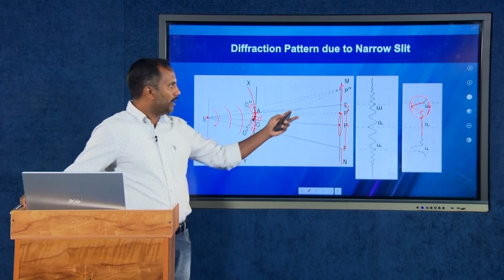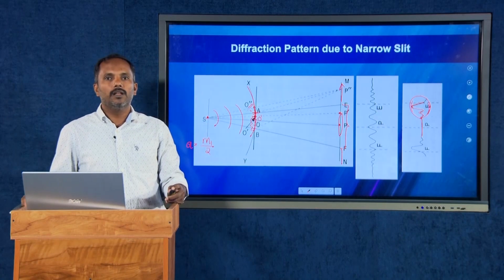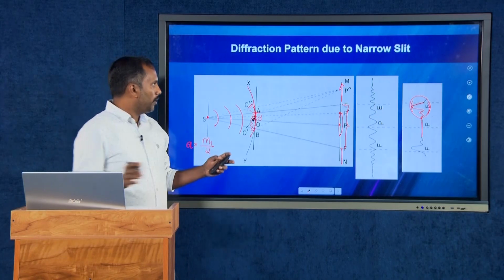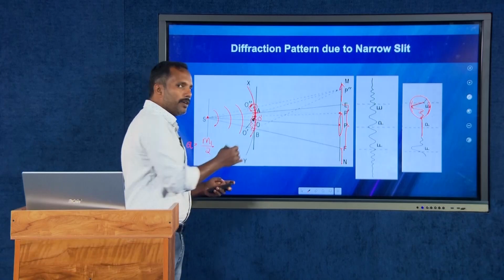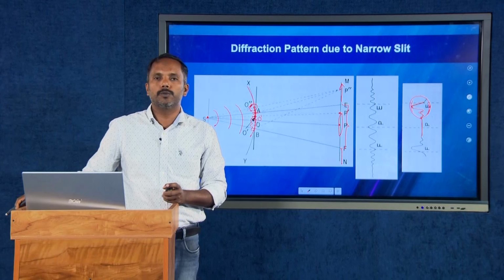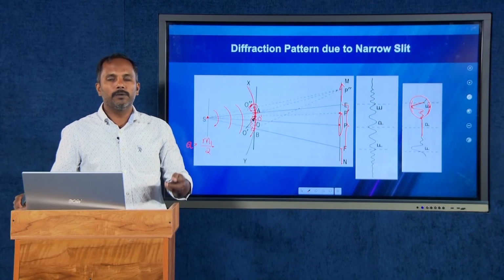If we consider another point in the dark region, P double dash, in the case of a narrow slit, in the region of the geometrical shadow, O double dash is the pole on the wavefront with reference to point P double dash, or P double prime.